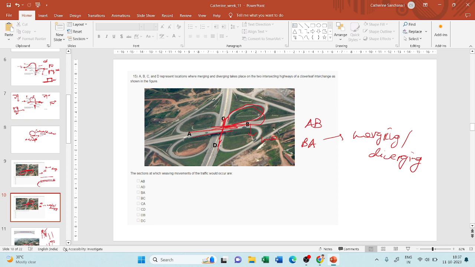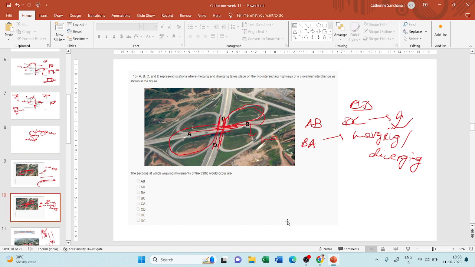And from here, it will again travel through this loop and enter, which will create a diverging action, right? So in C to D and D to C, you will again have merging and diverging maneuvers.